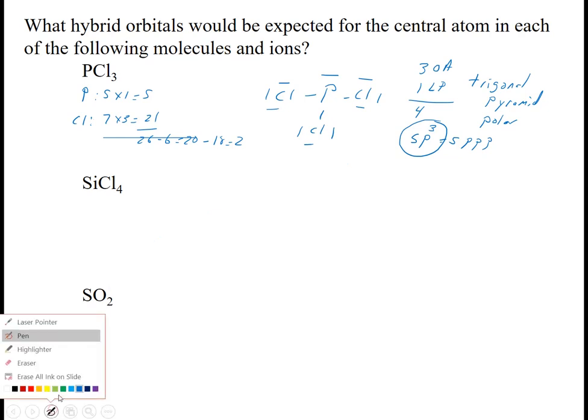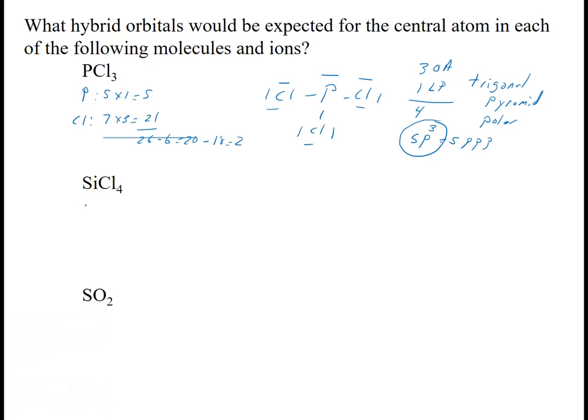SiCl4. Si has 4 valence electrons, so that's 4. Chlorine has 7 times the 4 is 28, so it's 32 total. So Si in the center, 4 chlorines.